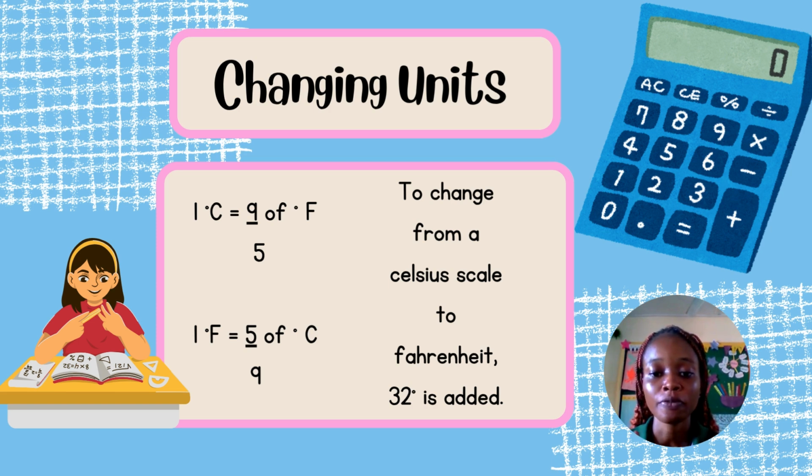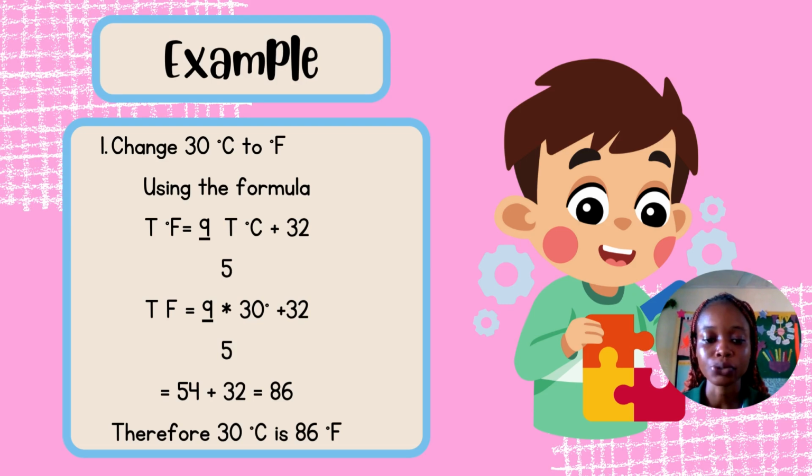To change from Fahrenheit to Celsius, you have 5/9 of the degree in Fahrenheit, minus 32. So in the case of Celsius, you are adding 32. In the case of Fahrenheit, you're subtracting 32. I'm going to be looking at some examples to further understand what this is all about.